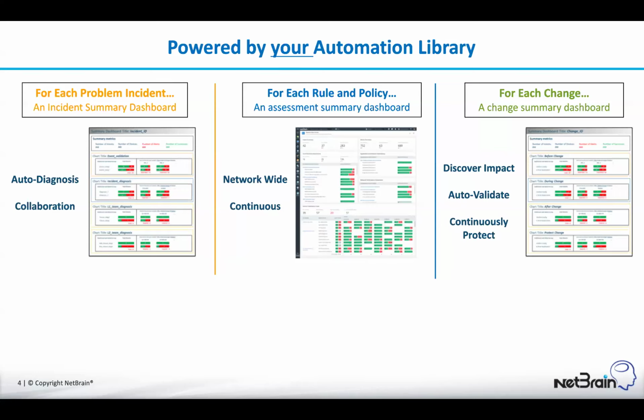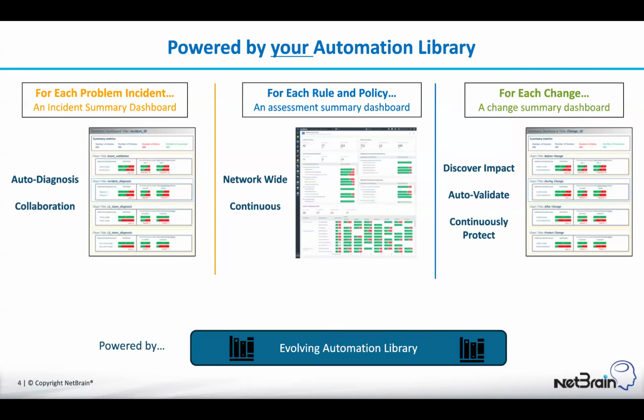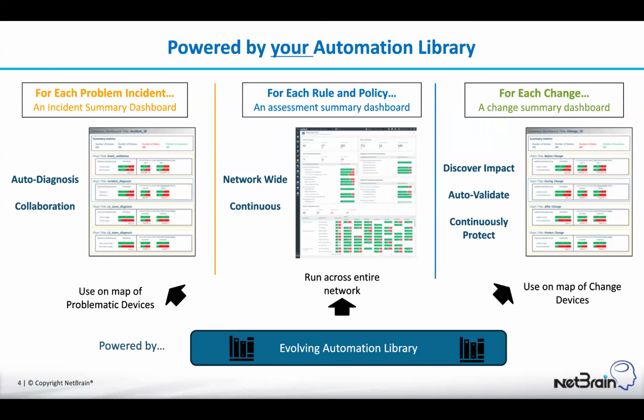You'll be getting a library that has about 300 pre-built intents that you can start using for these workflows. You can use it on problematic devices, you can run it across your entire network, and you can use it to see the impact of the changes you make. So that's a brief introduction of what you can do with NetBrain.